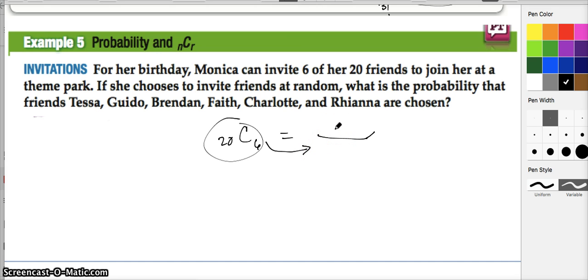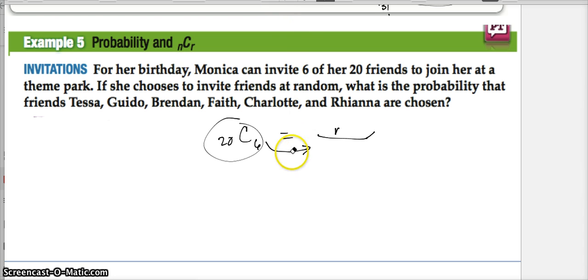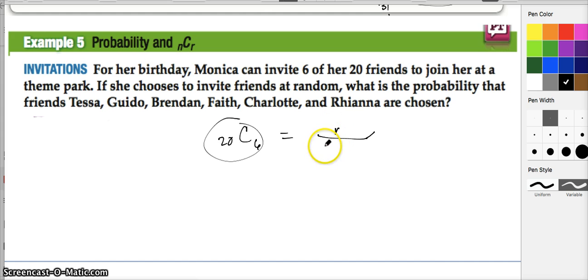I'm going to put this whole thing in the denominator, and the sample size is going to be n factorial divided by n minus r factorial, divided by r factorial. That's just coming straight out of the formula that we have. So that would be 20 factorial divided by 14 factorial times 6 factorial.